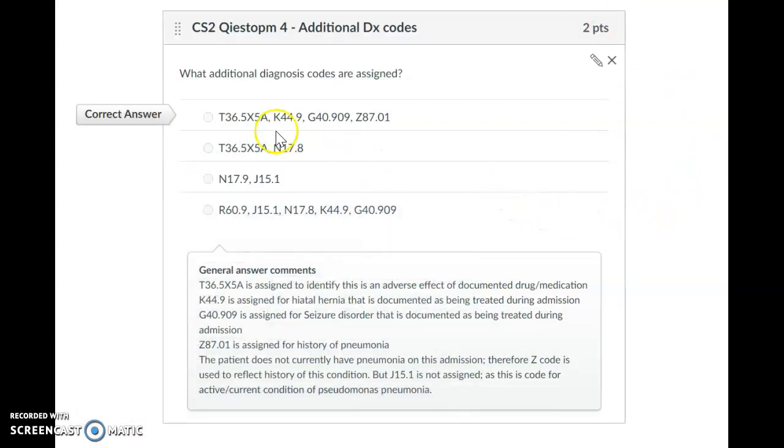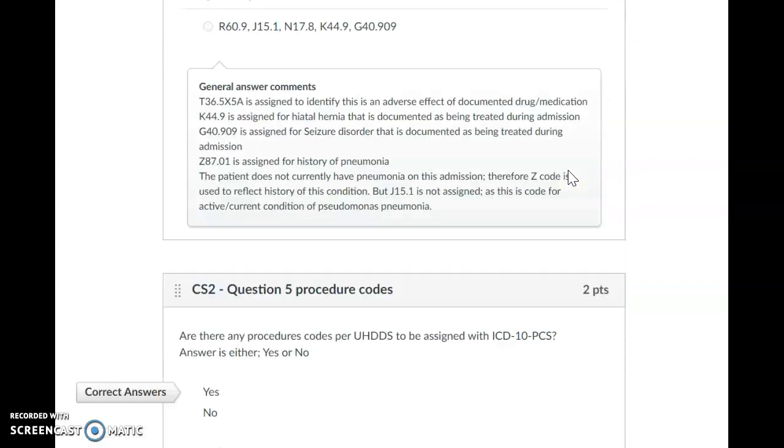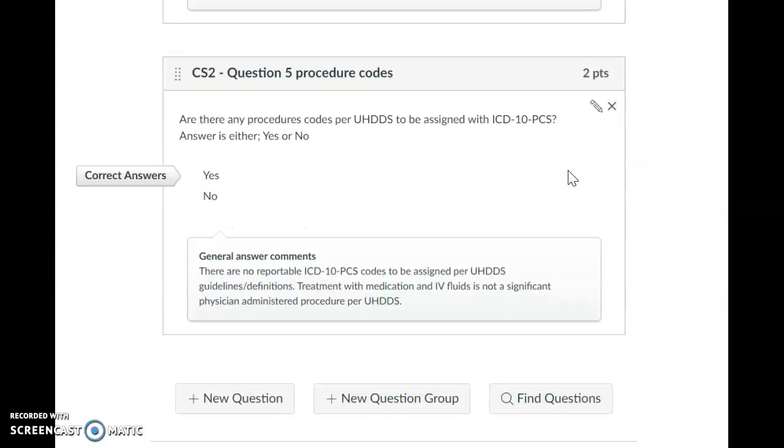And then you're going to add the A for initial, the seventh character. Do not forget that. Okay, so the last one here, it should be no. It looks like it's pointing to yes, but no. There's no reportable ICD-10-PCS codes to be assigned. Once again, treatment with the medication and IV fluids is not significant per the UHDDS.